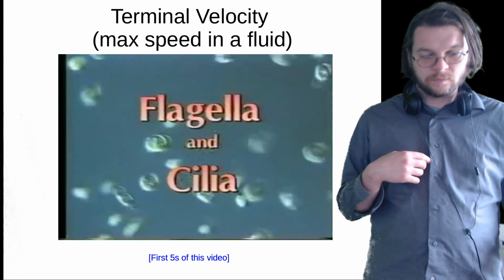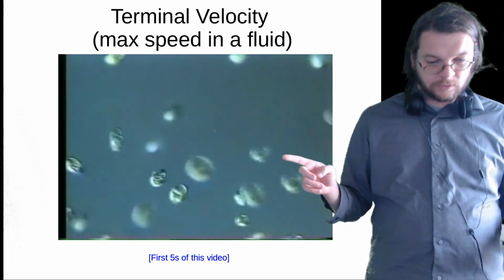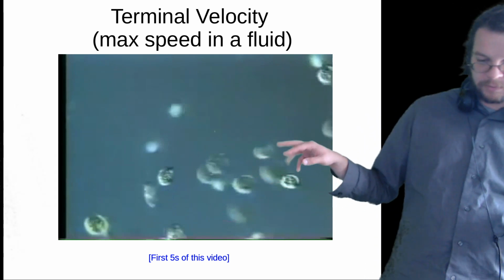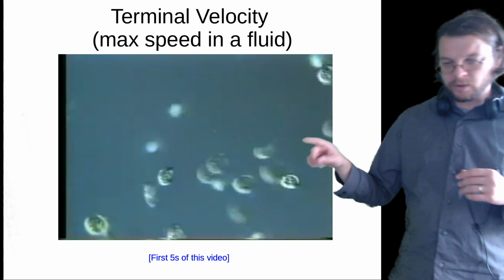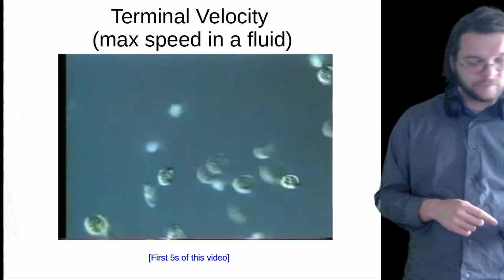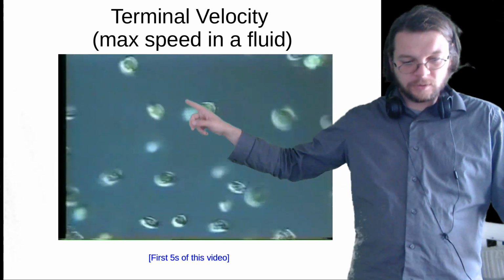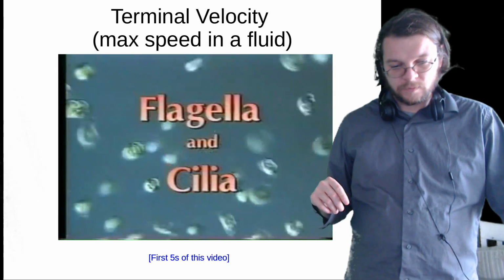And so this is a little video of these little single-celled organisms, and what's hard to see is that they have a little tail that they push on the water so they can go in the opposite direction. And so you can see them kind of moving around. The flagella is the fancy name for the tail.